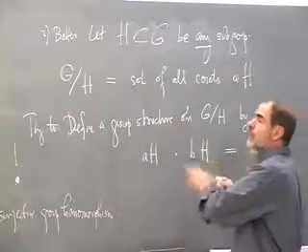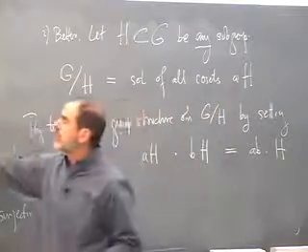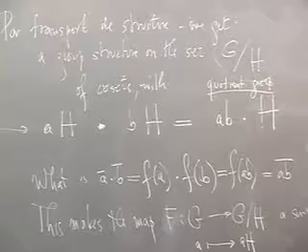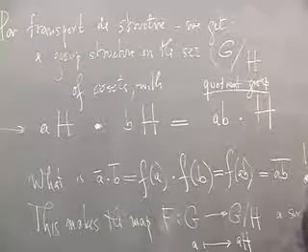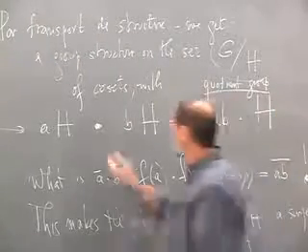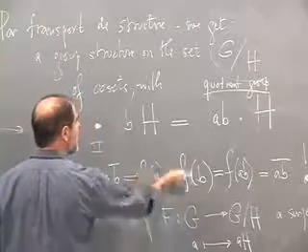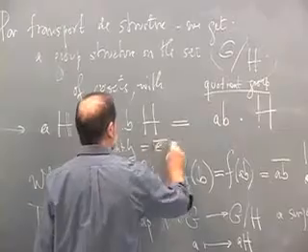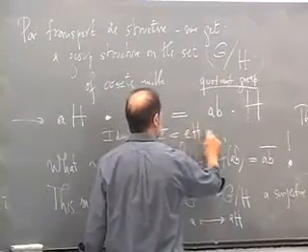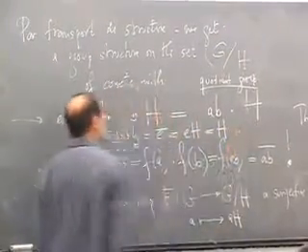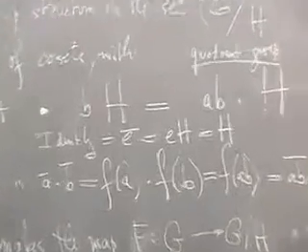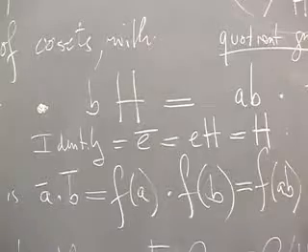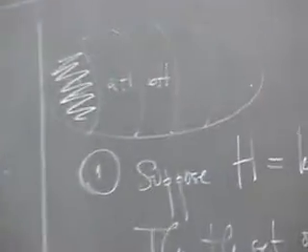Before you get the group structure and everything, you have to check that this is associative. You have to figure out what the identity element is. What's the identity element in the quotient group? The image of the identity under this homomorphism is equal to e bar, which is the coset of e, which is just the coset H. That's the only distinguished coset you have. So this becomes the identity element in the quotient group.